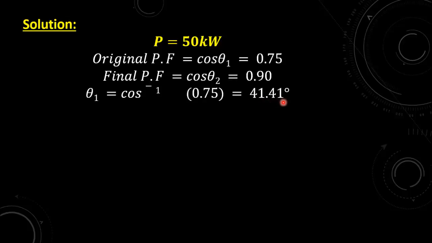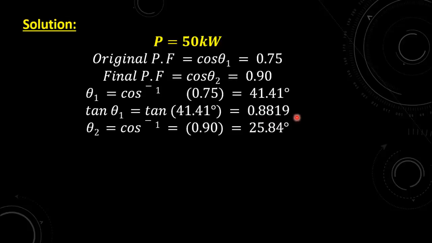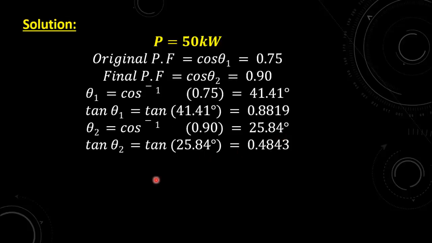This is theta 1. Then we take the tan of theta 1 and this value comes out to be 0.8819. Next, we need to find theta 2 of the desired power factor. Here we take the cos inverse of 0.9 and this value comes out to be 25.84. Again, we need to find tan theta 2, which is equal to 0.4843.